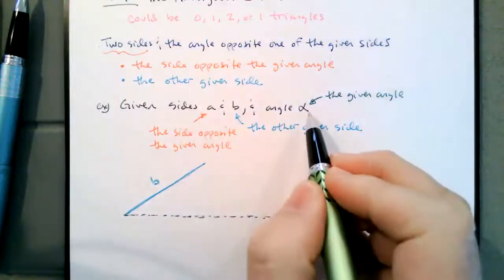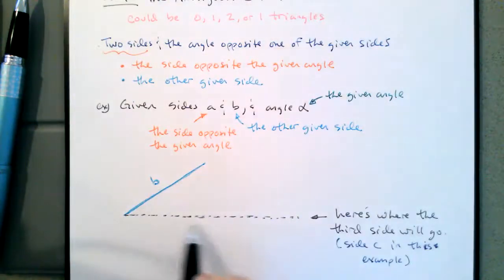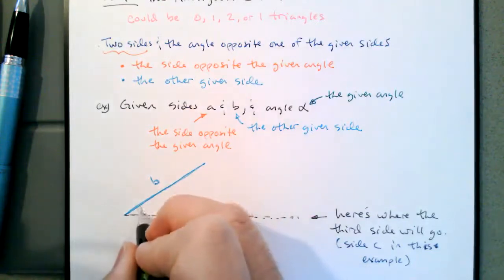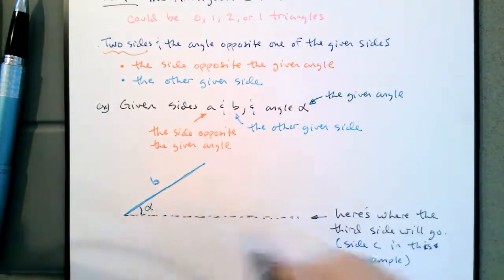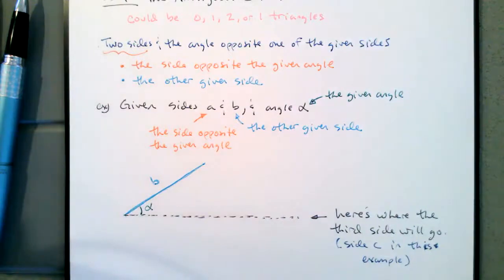We don't know how big side C is going to be. But alpha is going to be opposite side A.